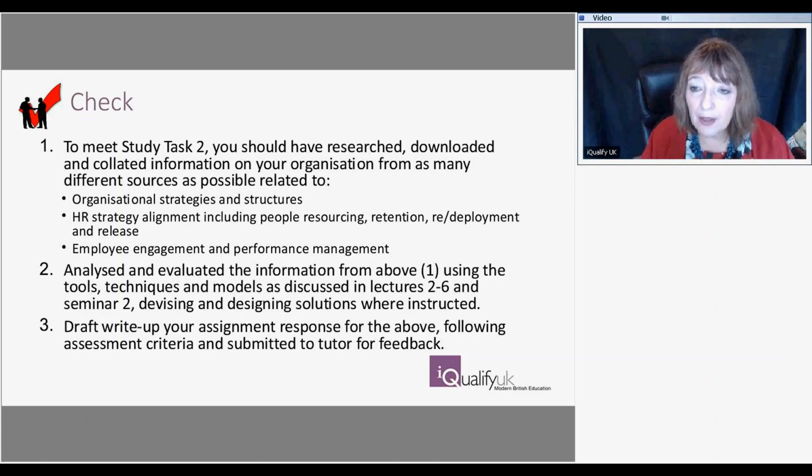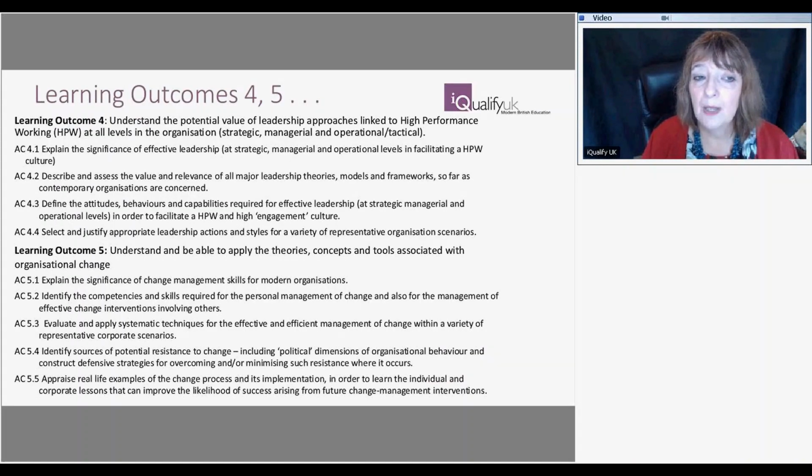And then thirdly, you should have drafted a write-up of your assignment and response to the above following assessment criteria and submitting to any tutor for any feedback. Okay, so that was for learning outcomes 1, 2 and 3.